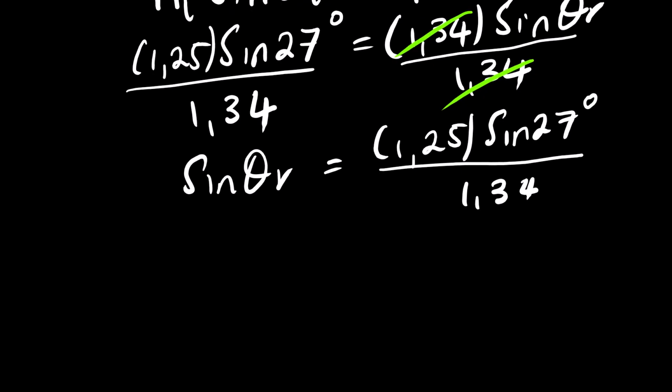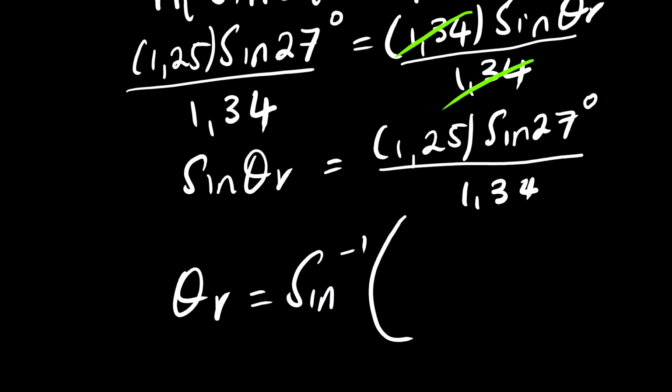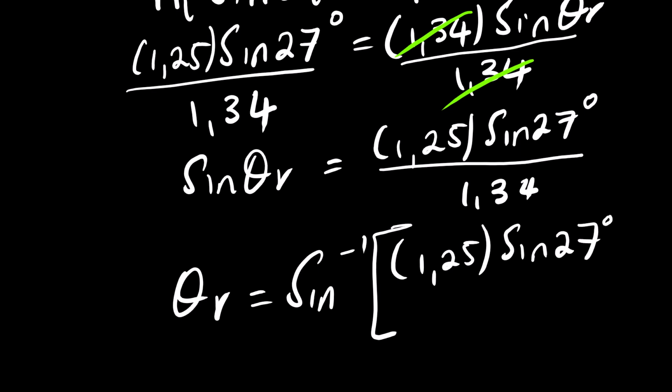And then remember, this is a trig ratio. How do you remove sine from theta R? Removing sine from theta R, you are left with theta R, and then we have the inverse. Let me actually write it like this: inverse sine of 1.25 sine 27 all over 1.34.